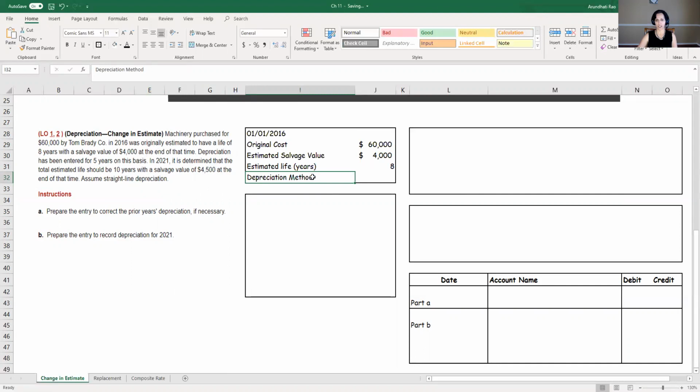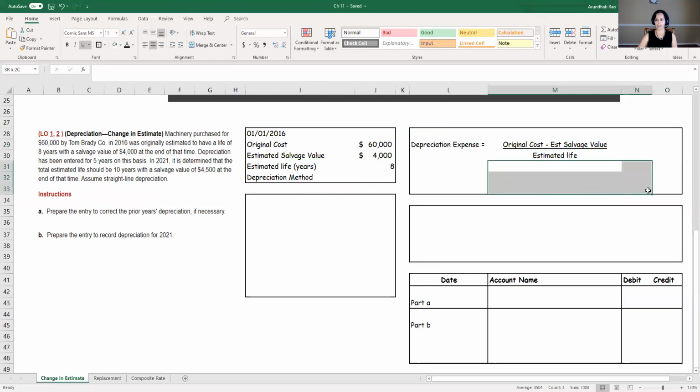Calculating depreciation expense in the straight line method is fairly straightforward. We have the original cost of the asset minus estimated salvage value divided by the estimated life of the asset. We have all the necessary information over here. So based on this, we calculate our depreciation expense to be $7,000 per year. 60,000 minus 4,000 divided by 8 gives me the $7,000 per year.